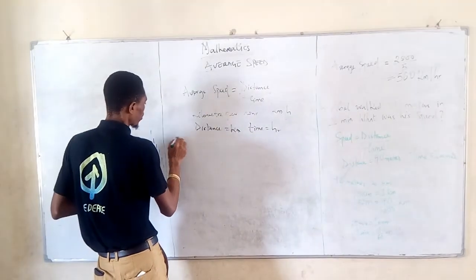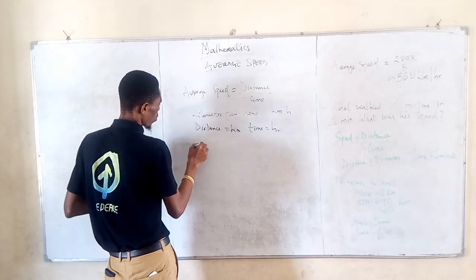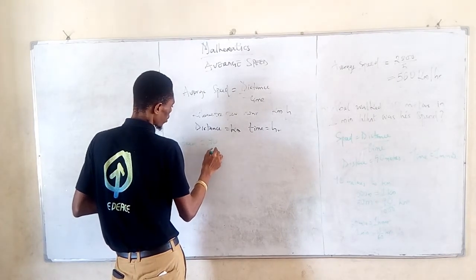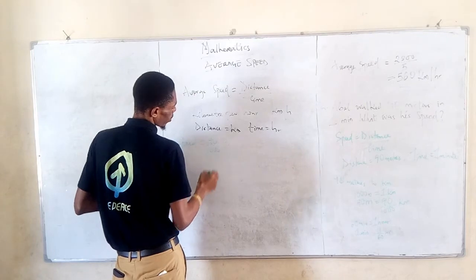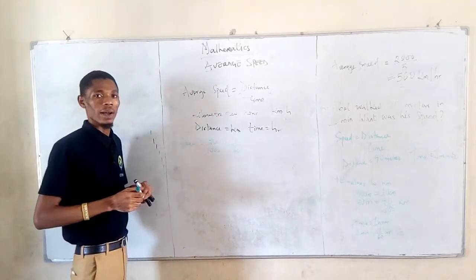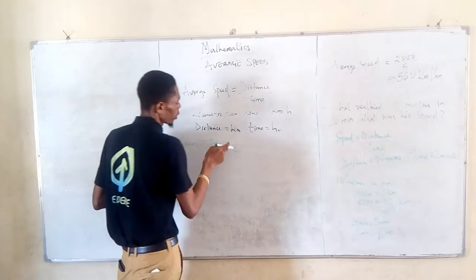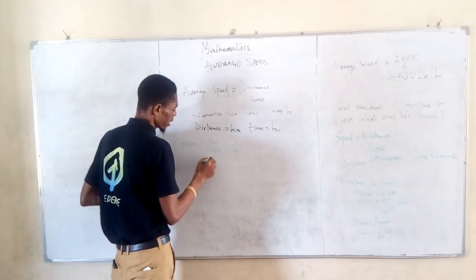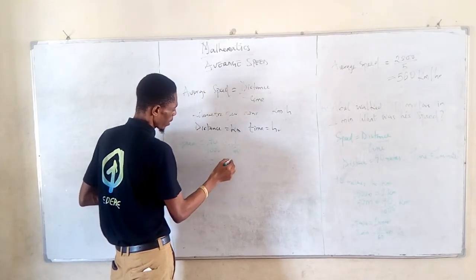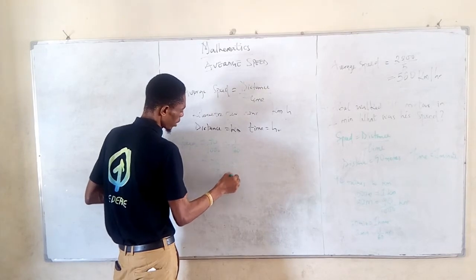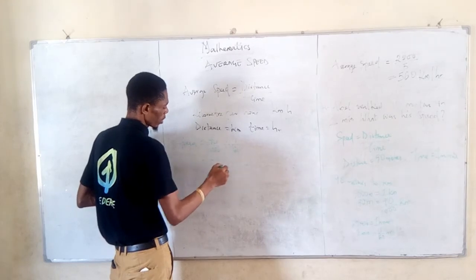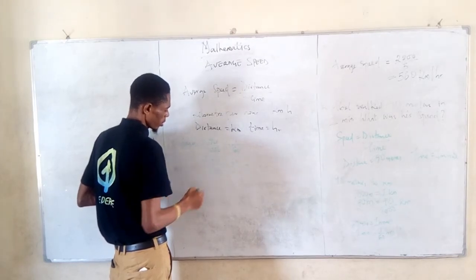So our average speed or speed is equal to distance. What's our distance? 90 over 1000, divided by, what's our time? 1 all over 60 hours. Now when we have a division sign, we change it to multiplication by inverting the right-hand side. So 90 all over 1000 multiplied by 60 over 1. Now let's evaluate this. This 0 cancels this 0, this 0 cancels this 0.